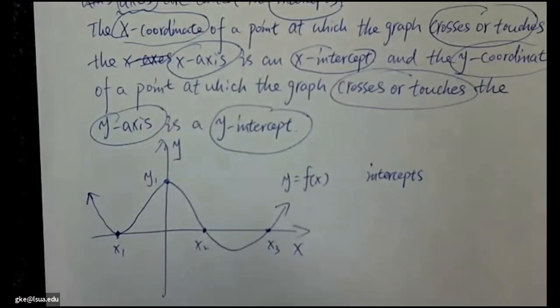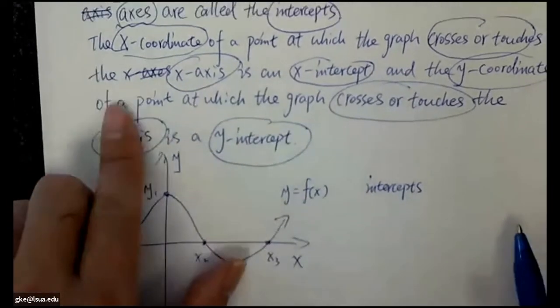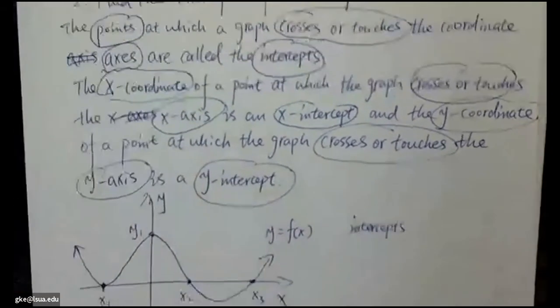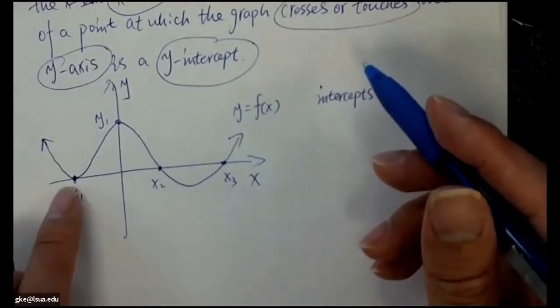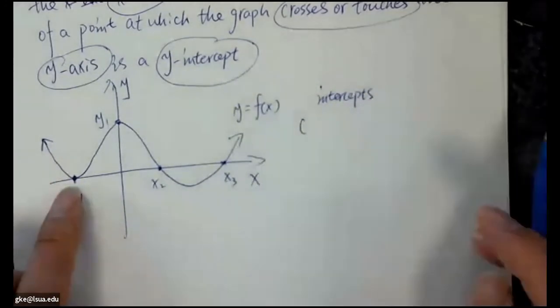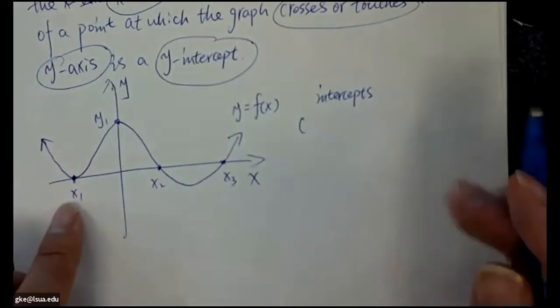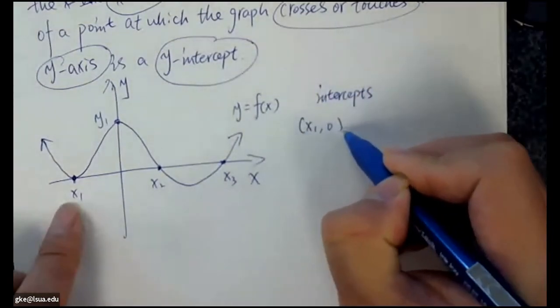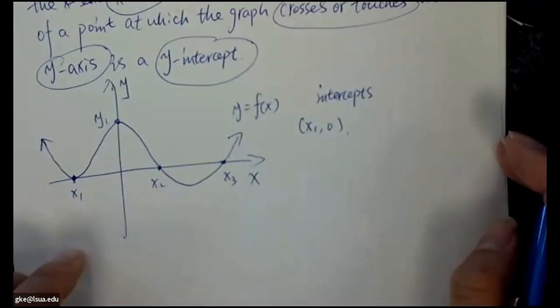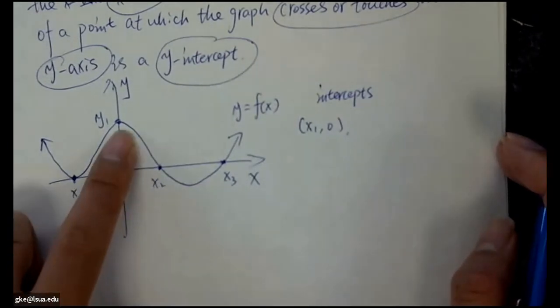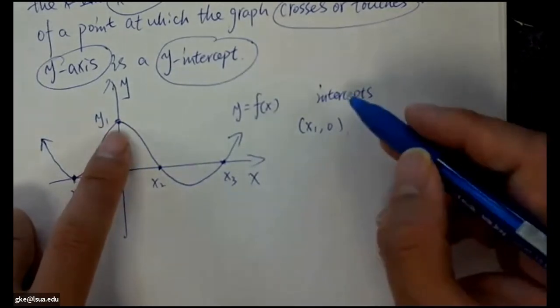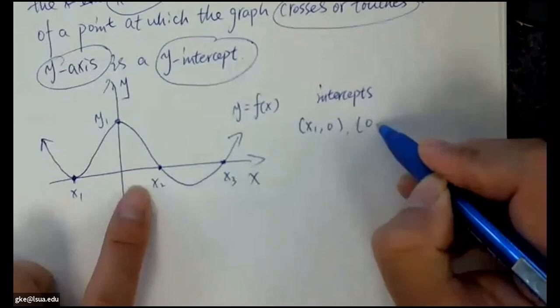Be careful, an intercept is about a point, so a point should have coordinates. For this guy, what's the coordinate? (x1, 0), right? Understood? (x1, 0) for this point. How about this guy? (0, y1).